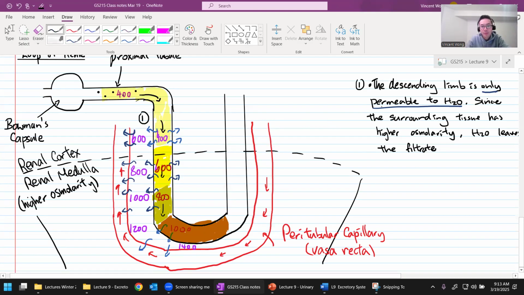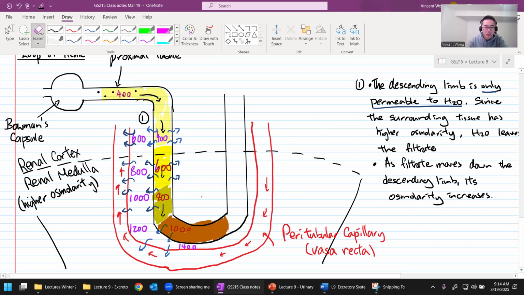Okay, so that's the first point, and the second point is that as filtrate moves down the descending limb, its osmolarity, its concentration, increases.